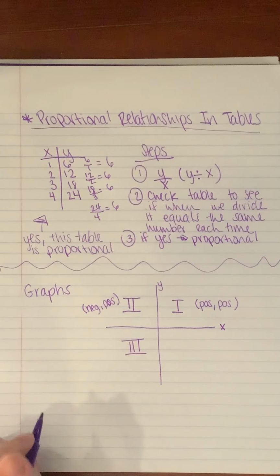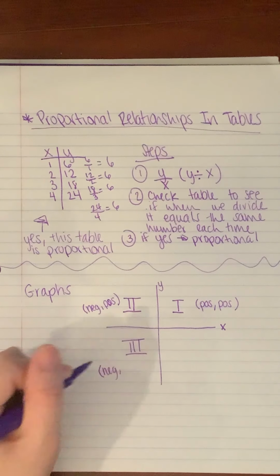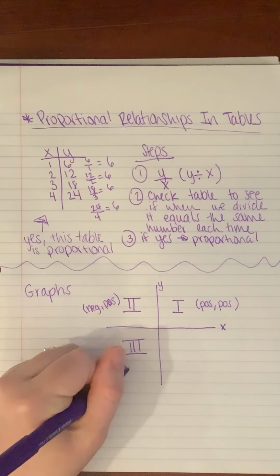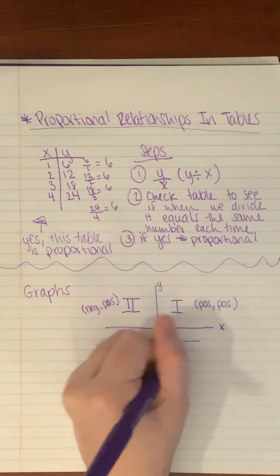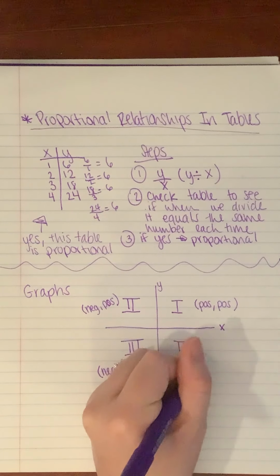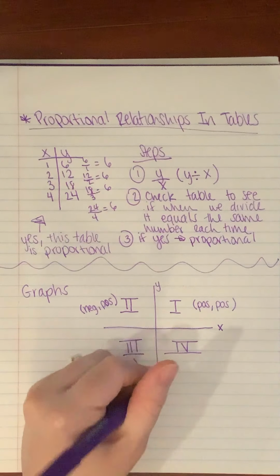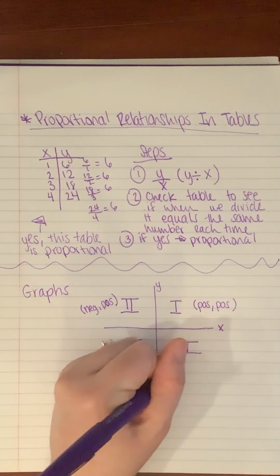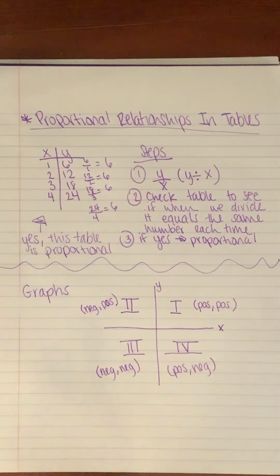And in this third quadrant, our x-axis is negative and our y-axis is negative. Last but not least, we have our fourth quadrant. And in this quadrant, our x-axis is positive, but our y-axis is negative.